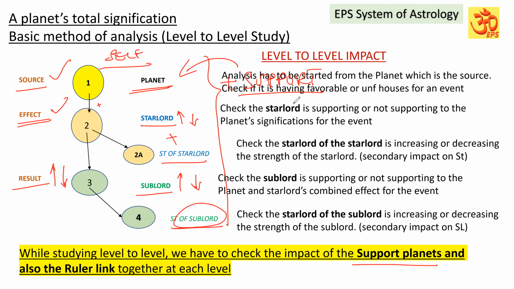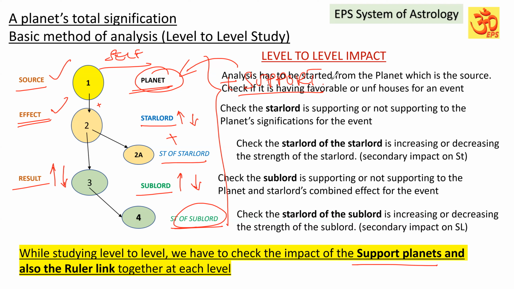Those planets can be favorable key planets, unfavorable key planets, or mixed key planets. If these planets give some support, this planet's favorable or unfavorable strength can be further increased or decreased by the support planets, as you are aware. So that way, we have to study the individual planets' self-significations, then what is the impact of the support planets at each level has to be studied.